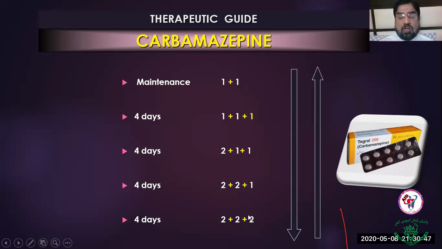After 16 days, you try to come back, and we are going to have this up and down mechanism all life. Do educate the patient that this is your maintenance therapy, and you are going to work with this maintenance therapy of carbamazepine all your life.